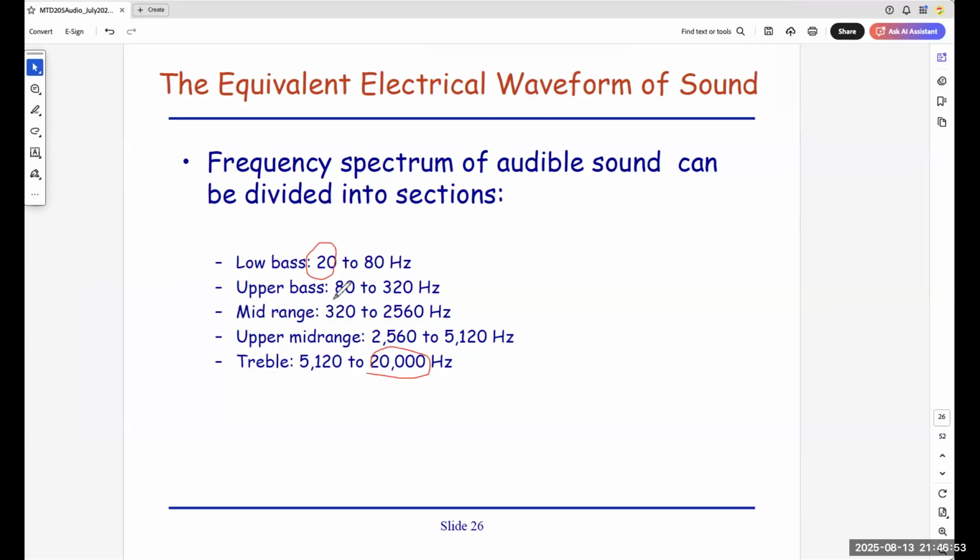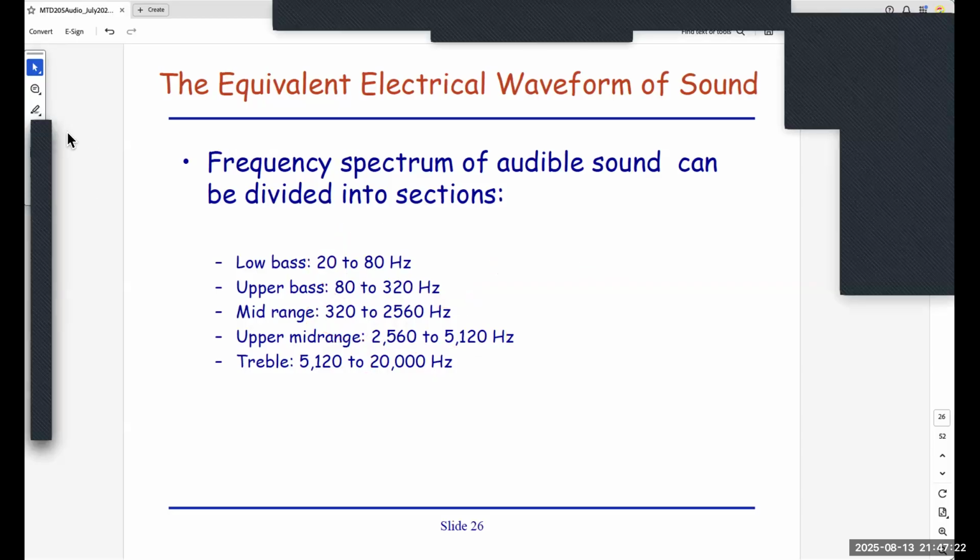So low frequency ranges from 20 to 320 hertz. Then this portion here is the human intelligibility. It ranges from 320 to 5K, and high frequency timbre ranges from 5K to 20K. Of course, this one no need to memorize. Okay, not important unless you are an avid musician, then you will know.